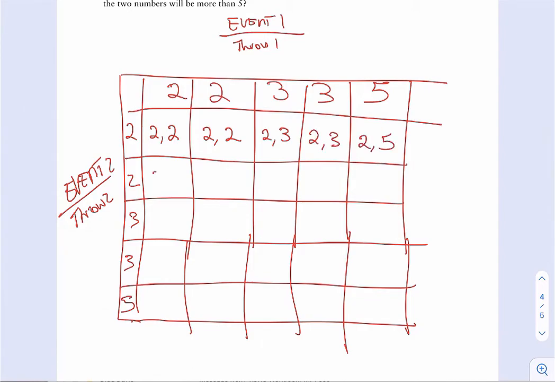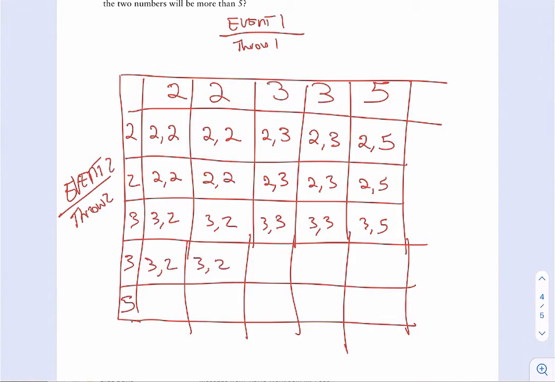Okay, I can do a 2 and a 2, a 2 and a 2, 2 and a 3, 2 and a 3, 2 and a 5. 3 and a 2, 3 and a 2, 3 and a 3, 3 and a 3. That's going to finish this off here. 5 and 2, 5 and 2, 5 and 3.